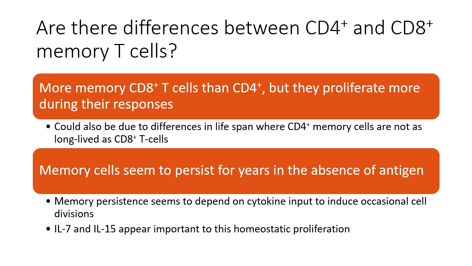Like if you put them in a race head to head, CD8s would produce more offspring and do it faster. That may be evolutionarily necessary because virus replication is a very fast process and that can spread very quickly, whereas bacterial replication tends to take a little bit longer.